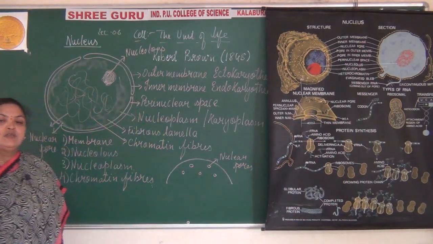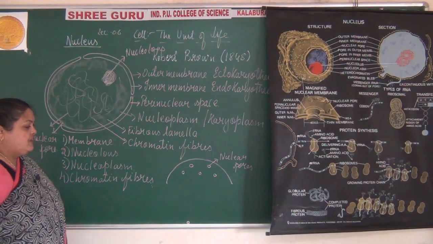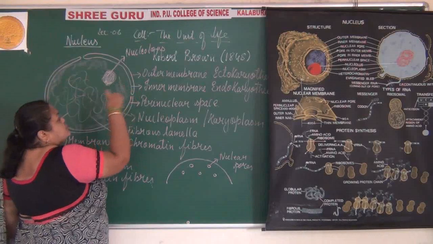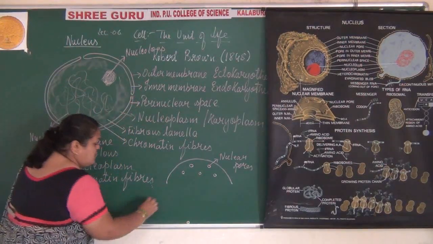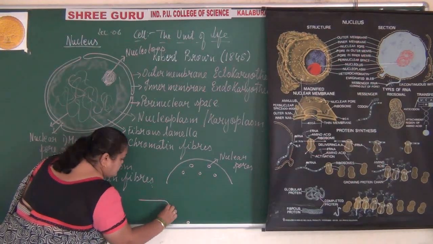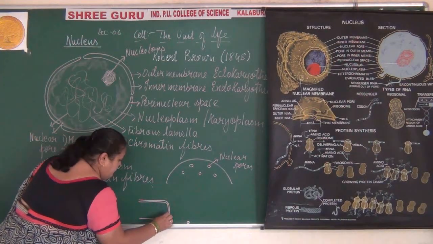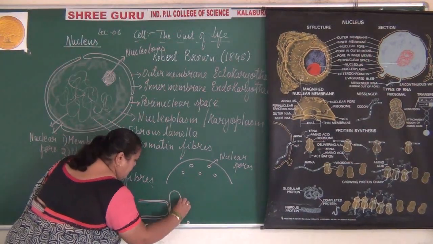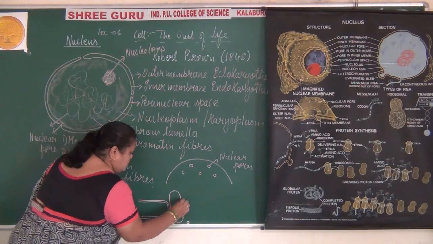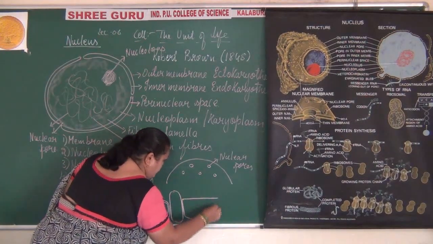The nucleus externally bears the pores known as the nuclear pores. If you expand and observe under the microscope, you will see this is the outer membrane, the inner membrane, the nuclear pore.